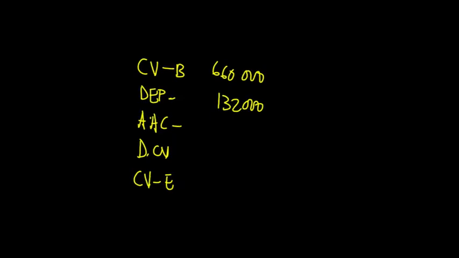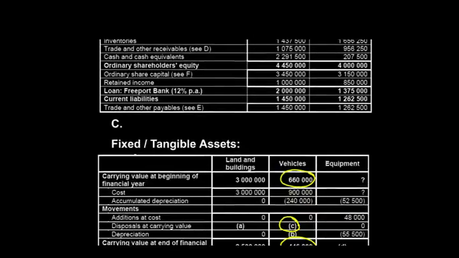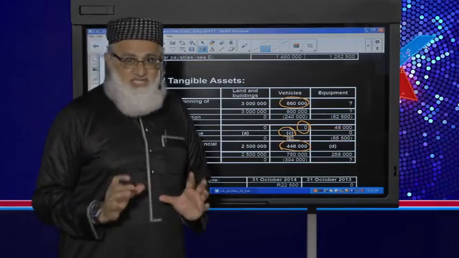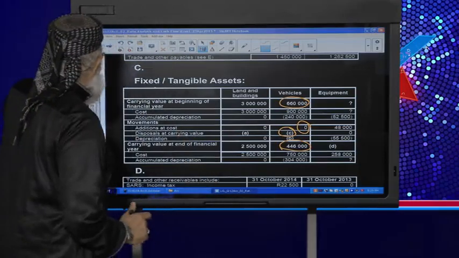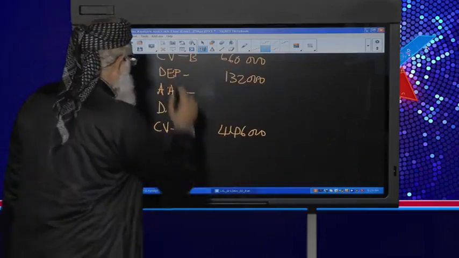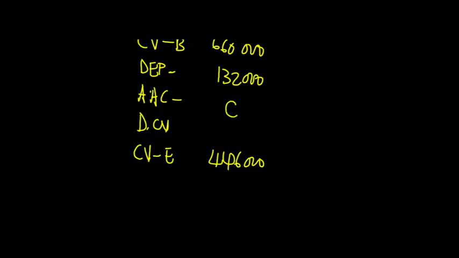I am also made aware that if I look at my vehicles, if it says addition at cost was 0, that means no new vehicles were purchased. Okay, that means therefore, if I look at this note once again, additions at cost 0. Remember, depreciation is a negative, right?